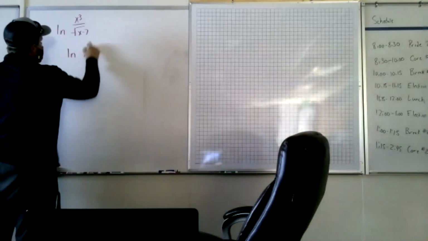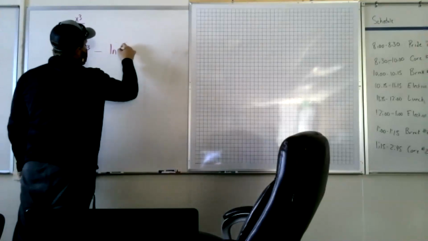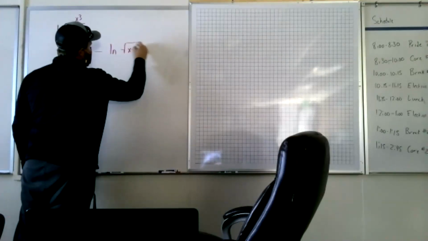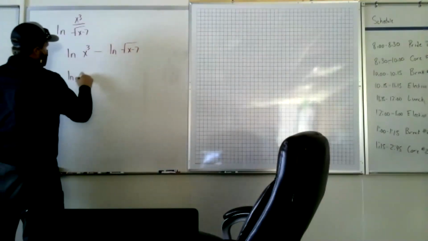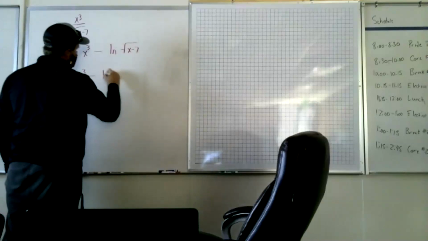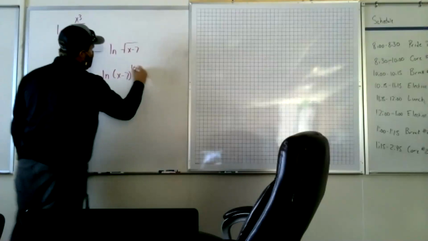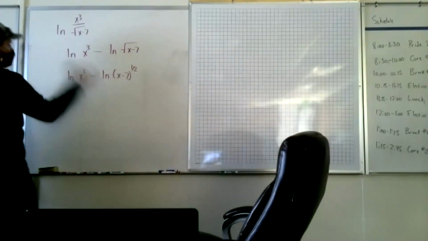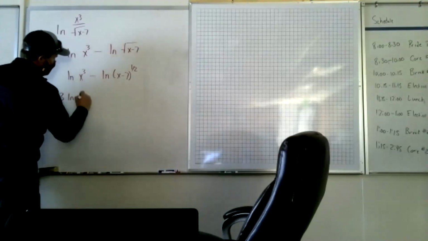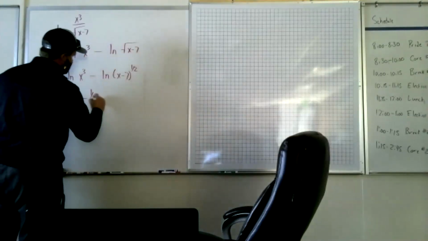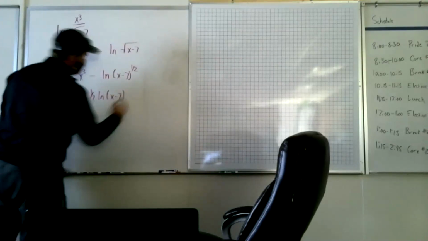So that's the natural log of x cubed minus the natural log of the square root of x minus 7. Then I'm going to use rational exponents to get natural log of x cubed minus the natural log quantity of x minus 7 to the 1/2 power. Then I'm going to bring them out front using the power property of logarithms to get 3 natural log of x minus 1/2 the natural log of x minus 7.